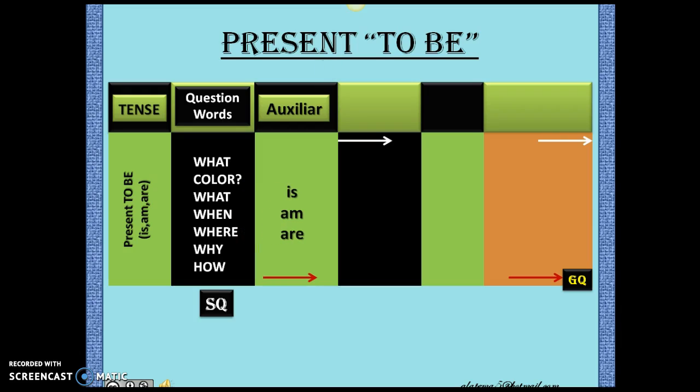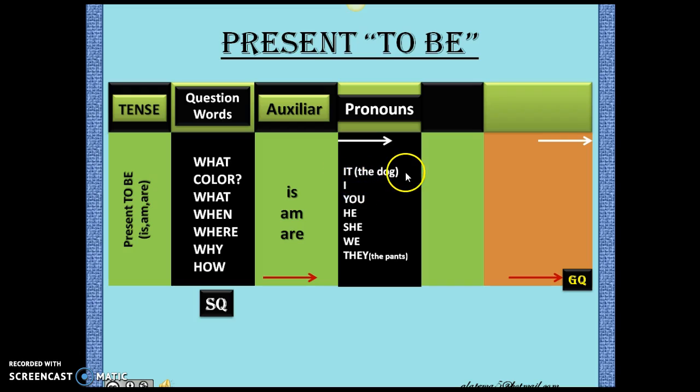It happens that the verb to be is a verb and is an auxiliary. This is the position of the verb to be when you use it as an auxiliary in a question. After the auxiliary, we have the pronouns. Here you can see that I put it, or the name.